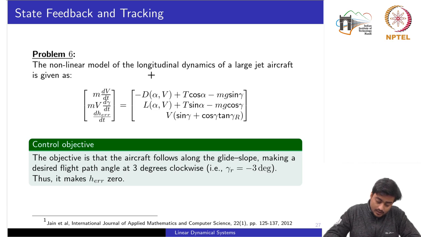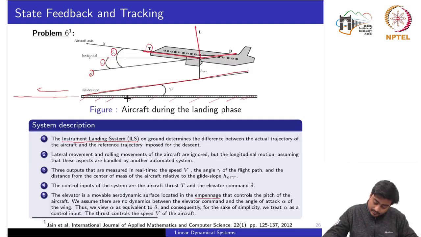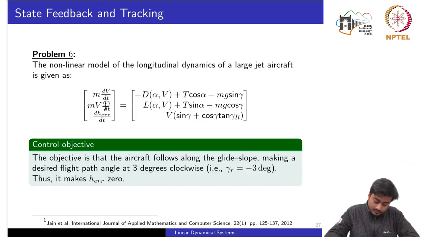Now, the nonlinear model of only the longitudinal dynamics of a jet aircraft is basically given by this, where we have the differential equations in terms of the velocity, the gamma, which is the angle of the flight path, and also the distance between the center of mass of the aircraft and the glide slope.